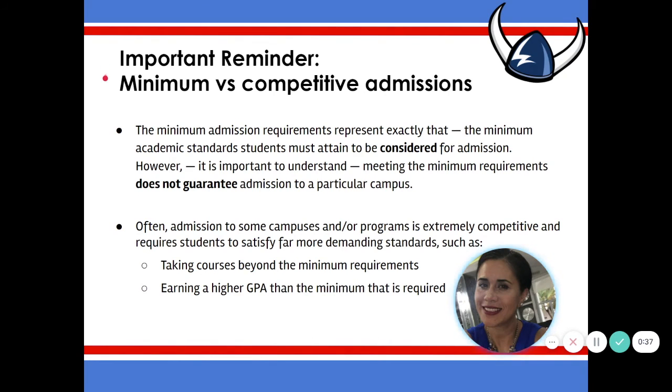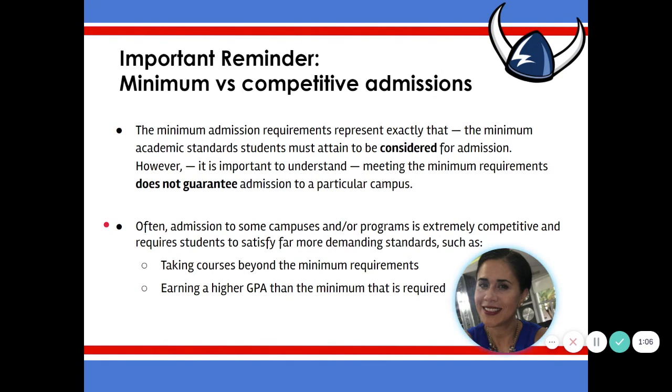Important reminder: minimum versus competitive admissions. The minimum admission requirements represent exactly that: the minimum academic standards students must attain to be considered for admission. However, it is important to understand meeting the minimum requirements does not guarantee admission to a particular campus.